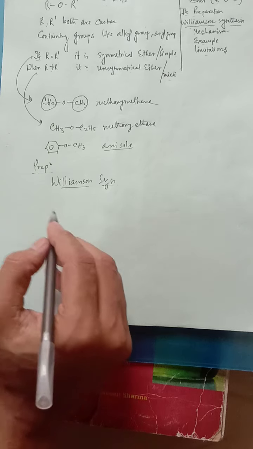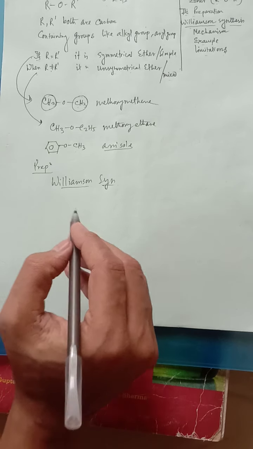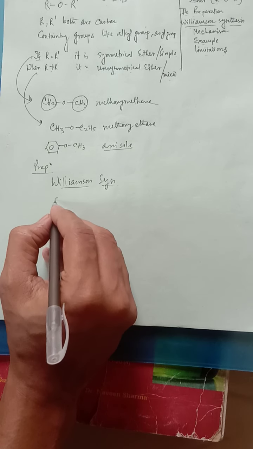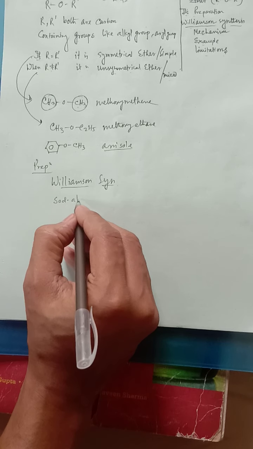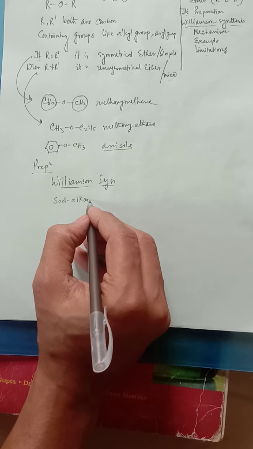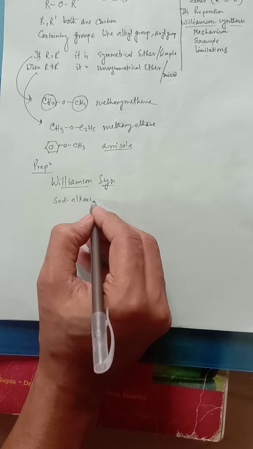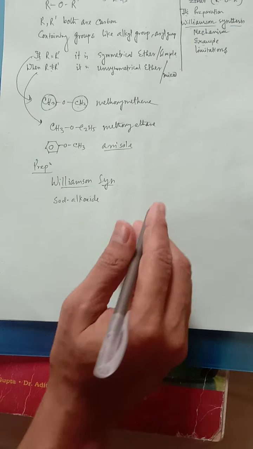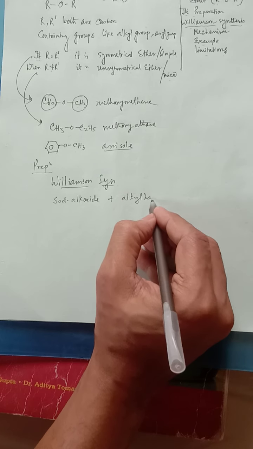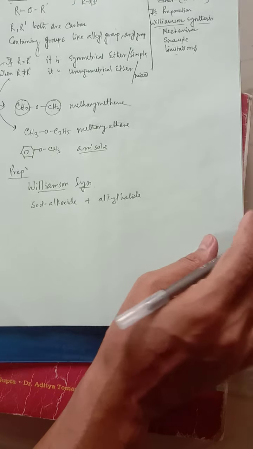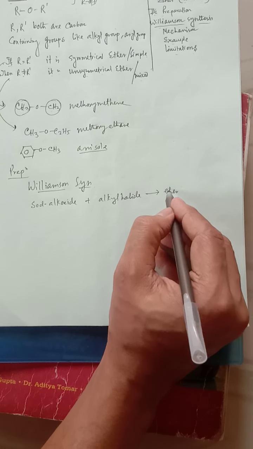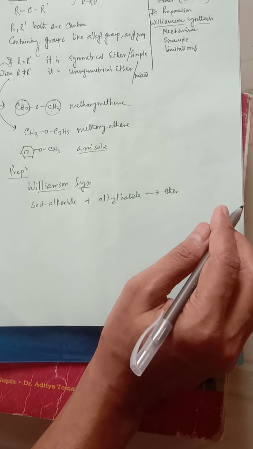In Williamson synthesis we have to use sodium alkoxide plus alkyl halide preparing ether. Ether is prepared by this manner.